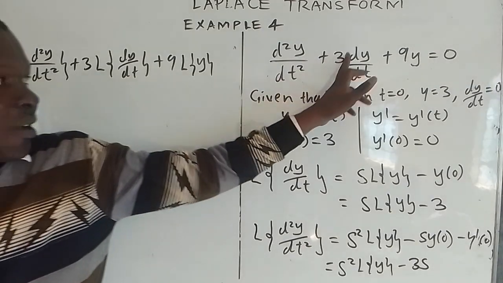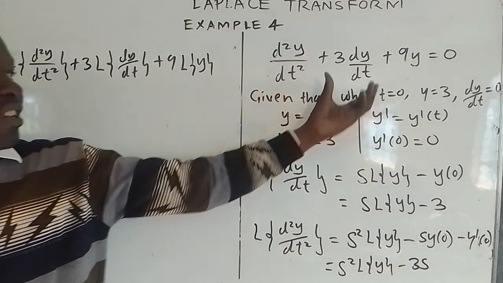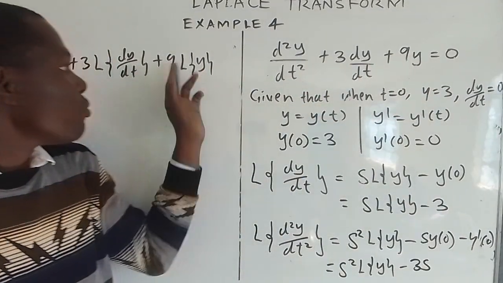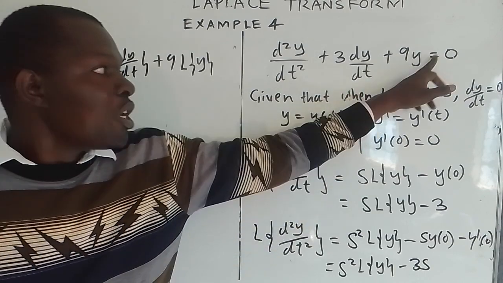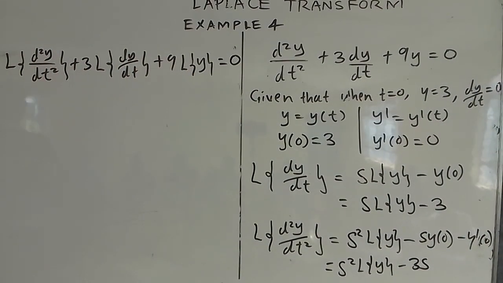You must apply Laplace on every term. 3 is a constant, you put it outside Laplace of that. 9 is a constant, you put it outside Laplace of y, to be equal to Laplace of 0. But Laplace of 0 is just 0.